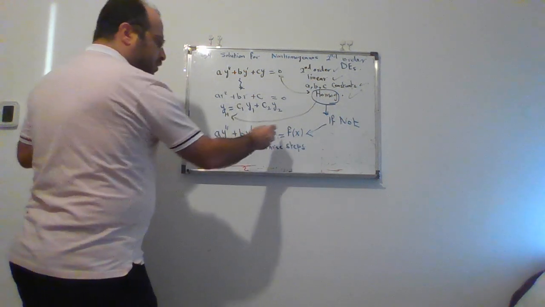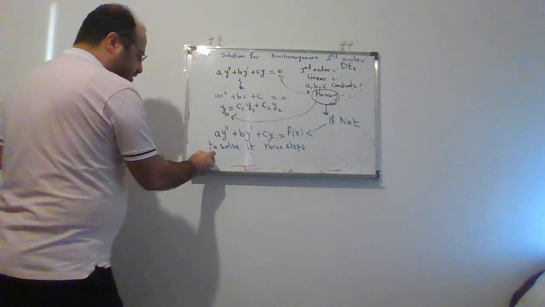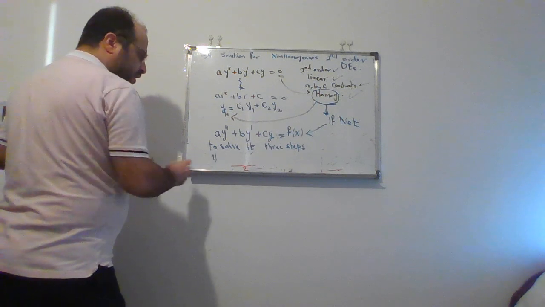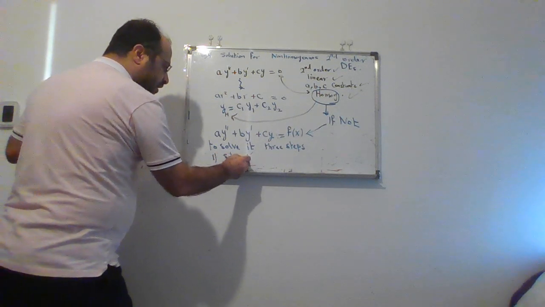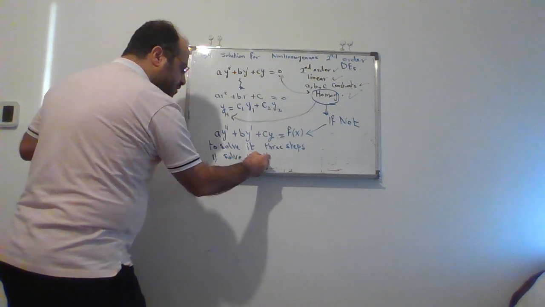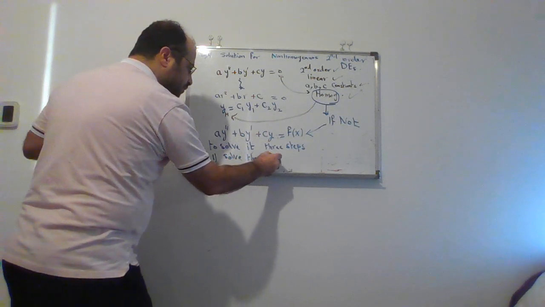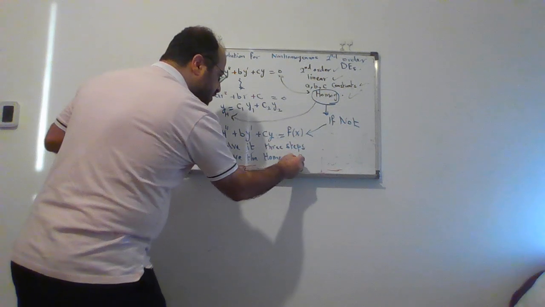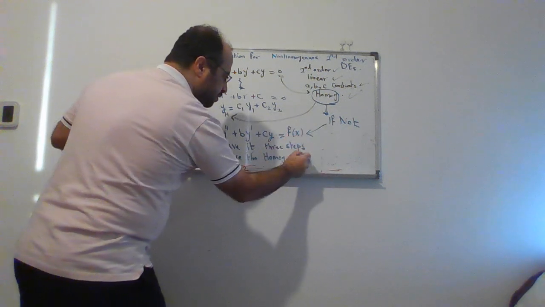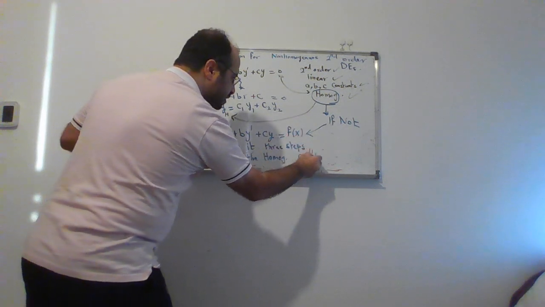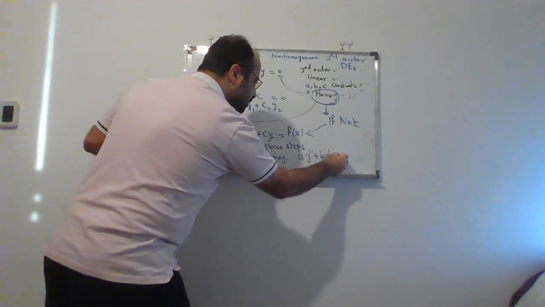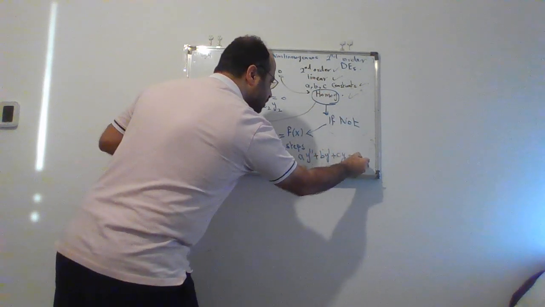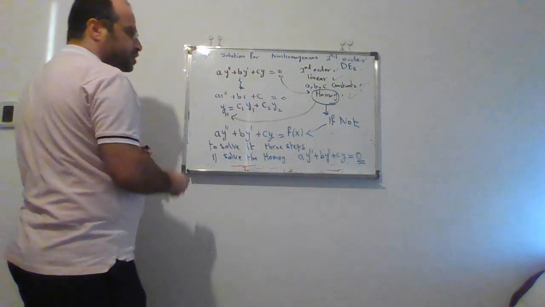First of all, step number 1, solve the homogeneous, which means you make it equal to 0: ay double prime plus by prime plus cy equals 0, right? Because I'm calling it homogeneous.